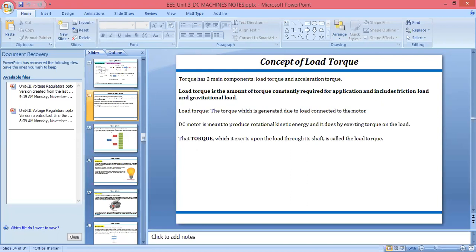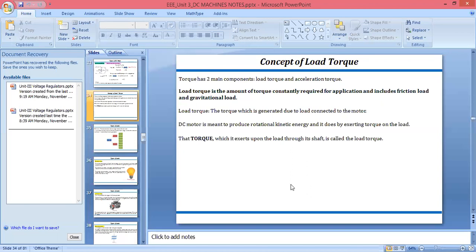These are used as the stator. And the armature, brushes and the commutator of the DC machines are called the rotor, because when we give the power supply, these parts of the DC machine rotate.